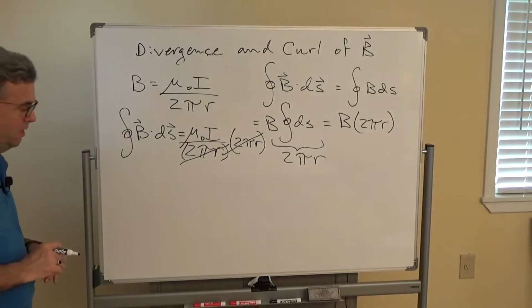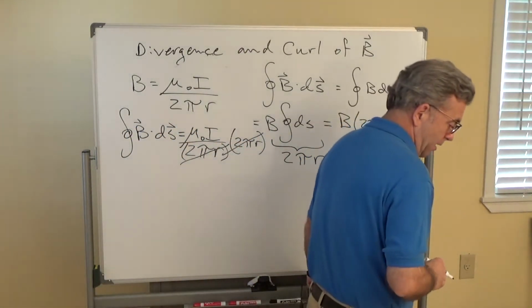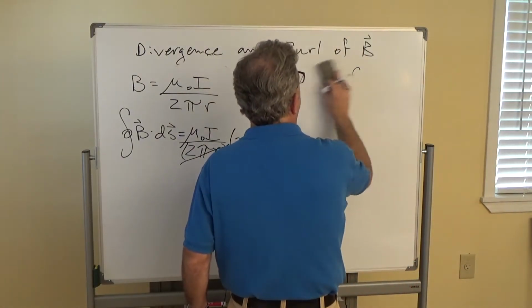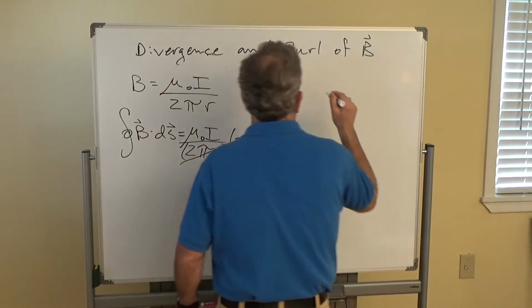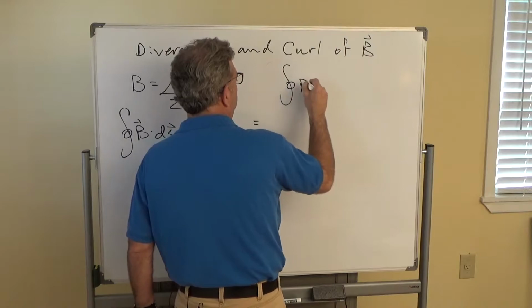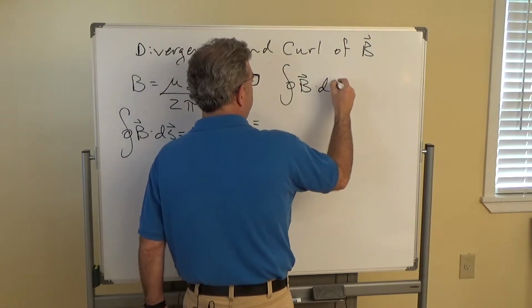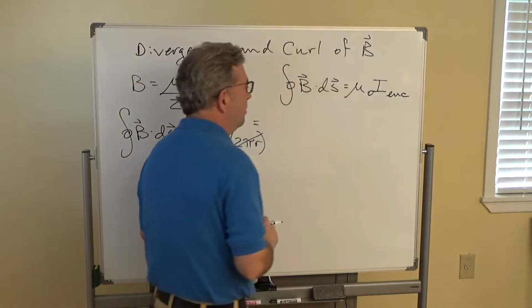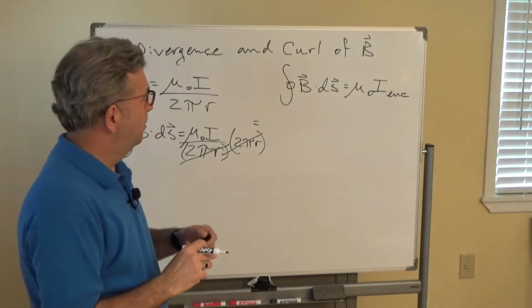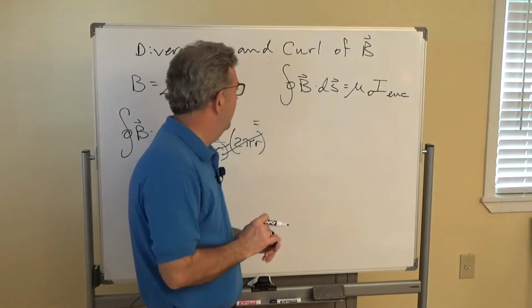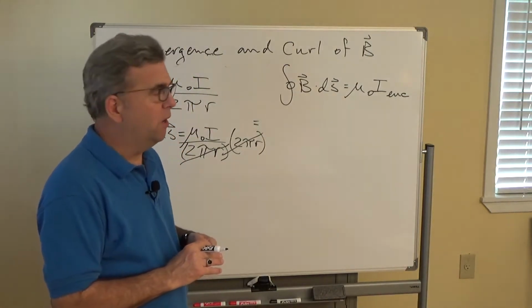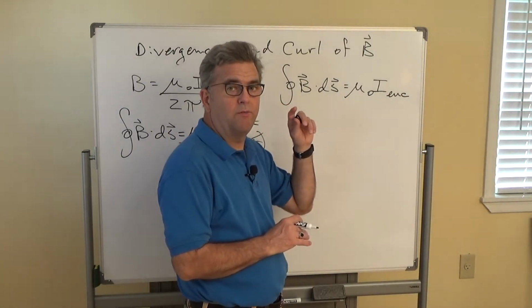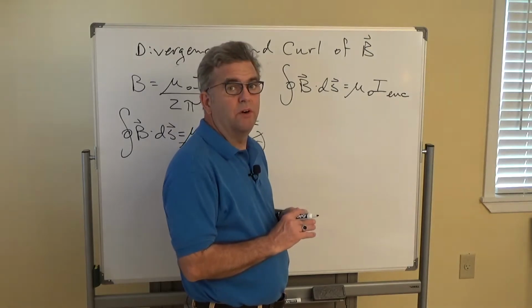And you get that the integral around a closed loop of B dot ds is equal to mu naught I, and we say I enclosed in the loop. So that would be the current enclosed in whatever loop you choose to go around. Notice that it's independent of the distance you are from the center of the wire.